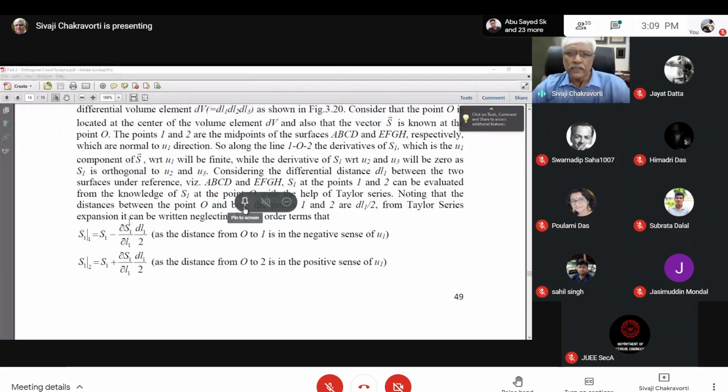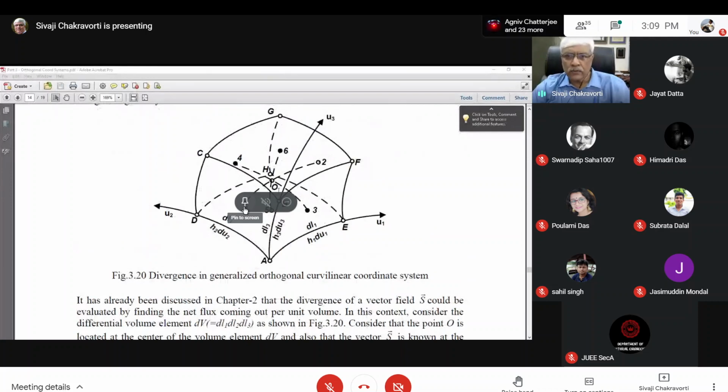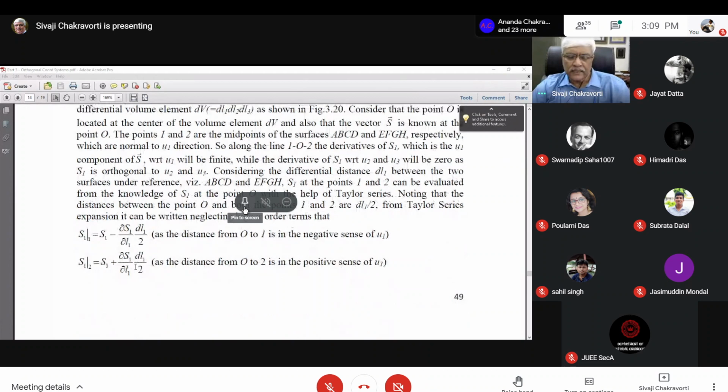This is between points O and 1, in the negative direction, or rather the decreasing direction of u1. And between O and 2, here, the distance is plus dl1 by 2. So you get this. S1 is the value known at the point O. It is f(x, y, z).